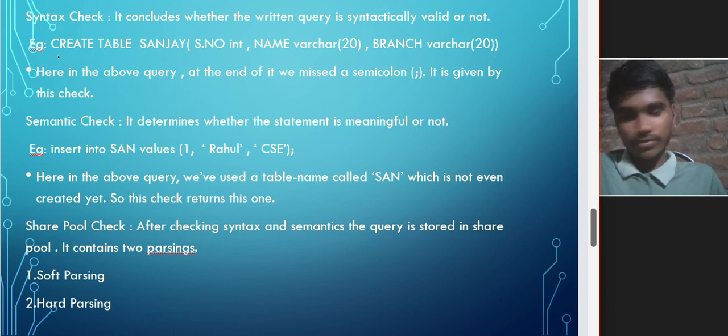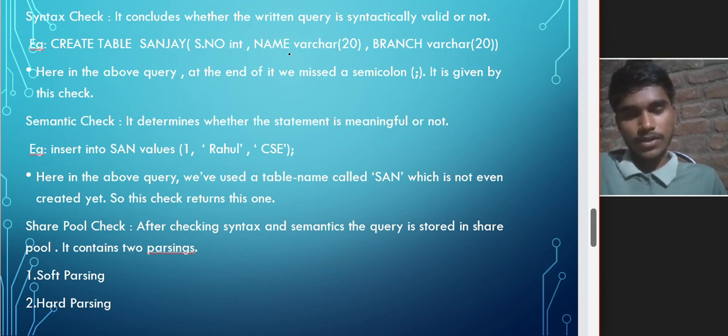So the syntax check checks the query and returns us the error: it doesn't have the semicolon, it missed something. It returns the missing terms here in the syntax check. And next, the second one, the semantic check.